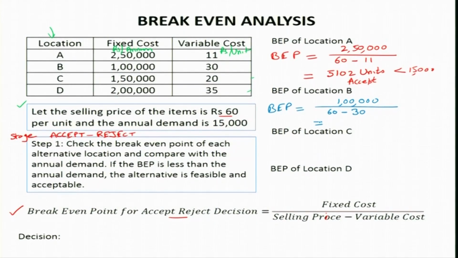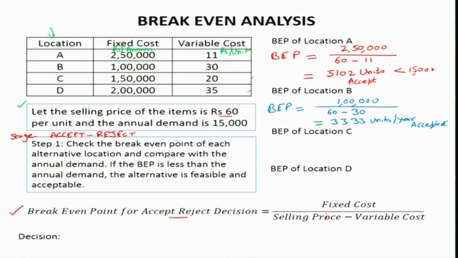So, the break even point turns out to be 3,333 units per year. So, if my demand is more than 3,333, I will accept this location also. So, this location is also accepted.